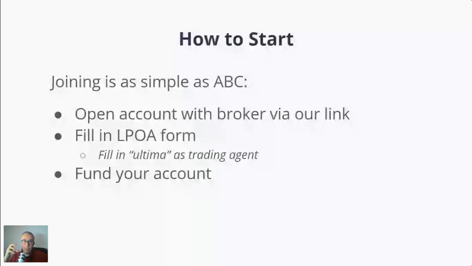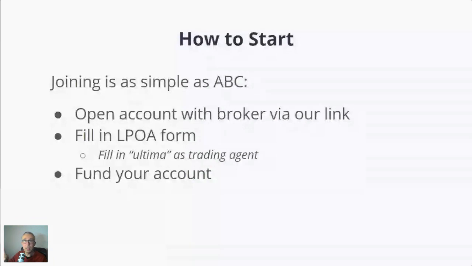So with the LPOA form, that is actually a limited liability form, when filling that in, you need to write Ultima as a trading agent, because there's going to be a field, trading agent, like question mark or something like that.